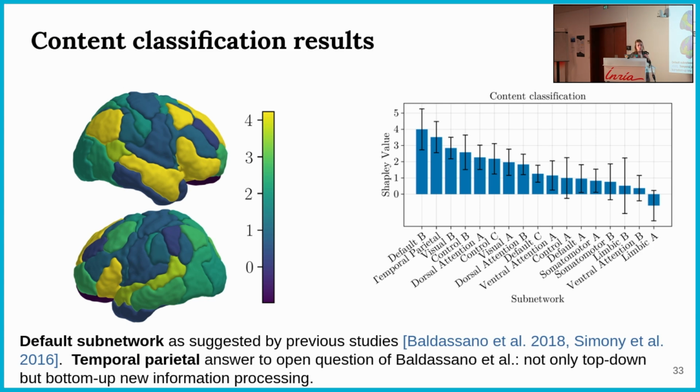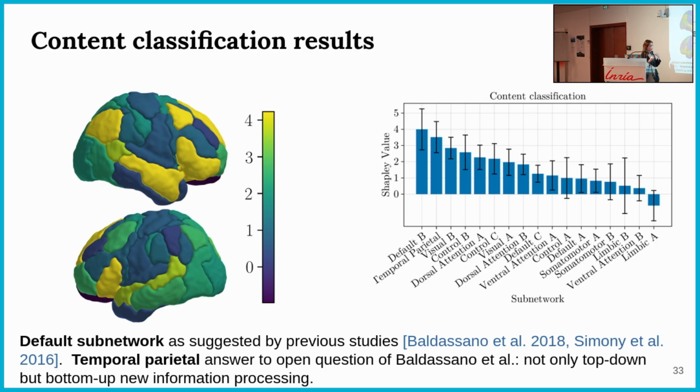As I mentioned before, the default subnetwork is the one responsible for story comprehension. But then we had another interesting result, which is the temporal parietal subnetwork, which is associated with bottom-up information processing.